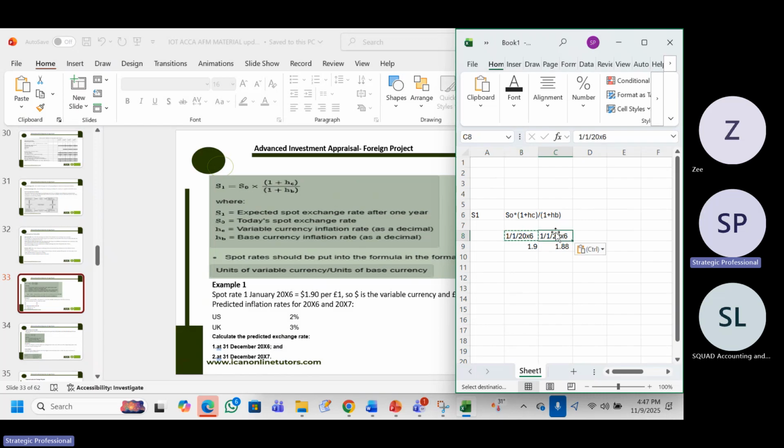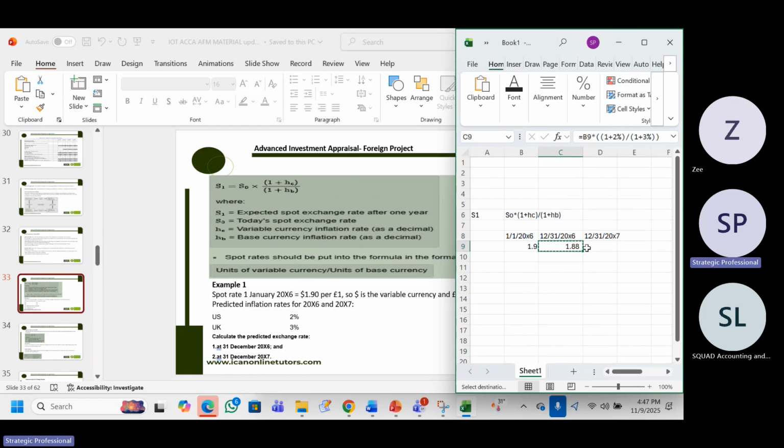This is 1.88. Now they told us to calculate 31st December 20x7. And you agree with me that first of January 20x7 is still the same thing as 31st December 20x6, right?